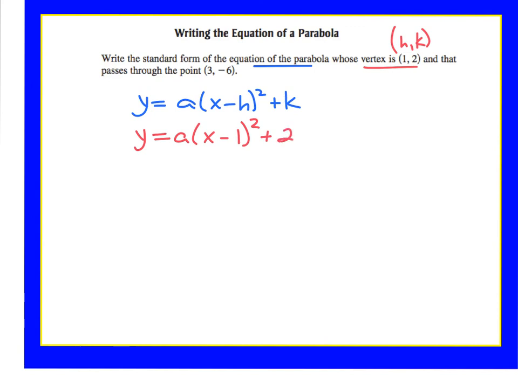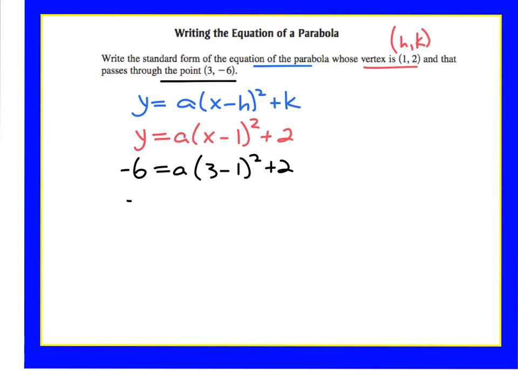And then that gives me passing through a point, a solution point basically. So what is this 3, negative 6 thing? That's my x and y. All right. So what's my y? Negative 6. So now I have negative 6 is equal to a times the quantity. What's my x? 3 minus 1 squared plus 2. All right. So now we can solve. So what are we going to do to both sides? Subtract 2.